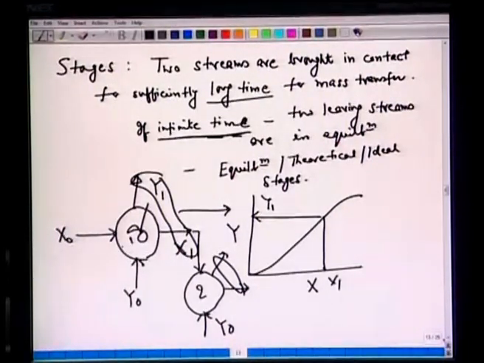There are several combinations possible. We can have cross current or we can have countercurrent, and we will make a material balance on each of these stages. There are also other types of arrangements, such as two stages in parallel with two streams getting mixed, but for simplicity we will take these two cases here.